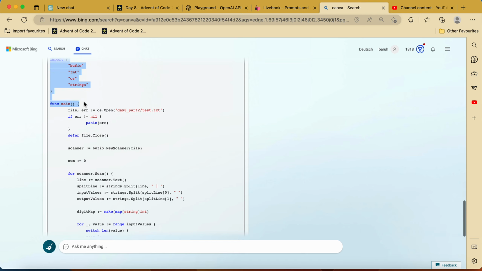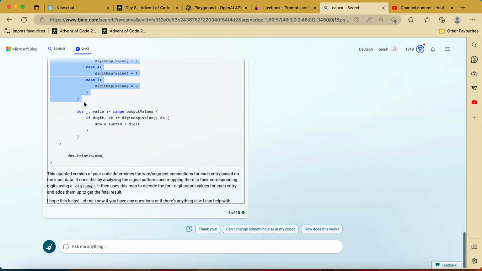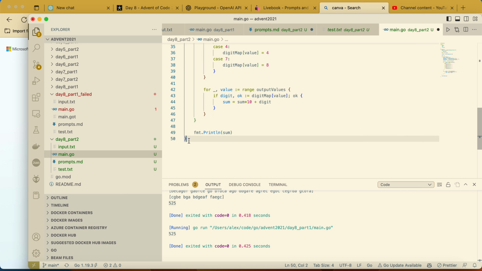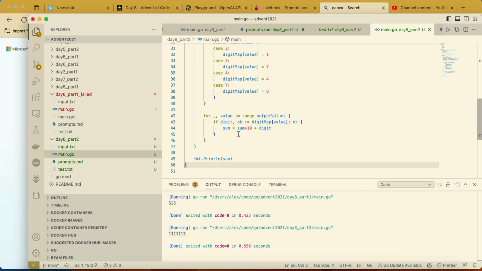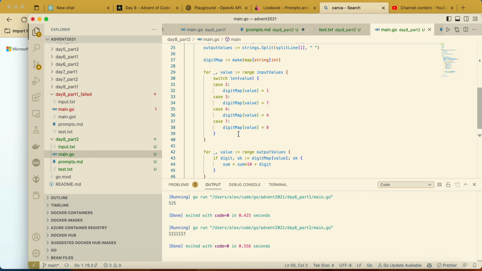Might be something to it. Most likely not. But let's see how it performs. For our test input that we needed to get 5 to 5, we're now getting completely different stuff.